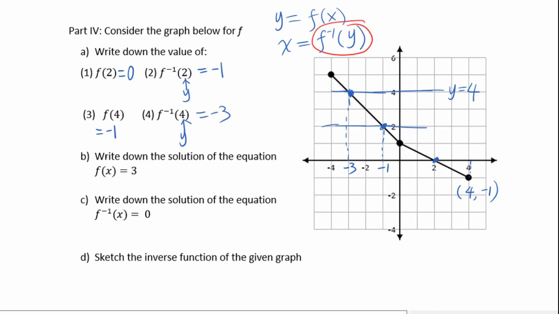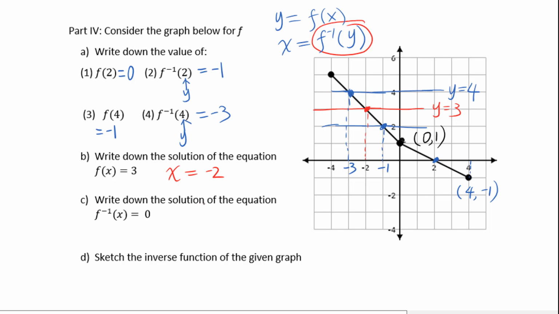Look at the B. Write down the solution of the equation f of x equals 3. We will draw y equals 3. Then the intersection here, the x coordinate is a -2. So x equals -2.